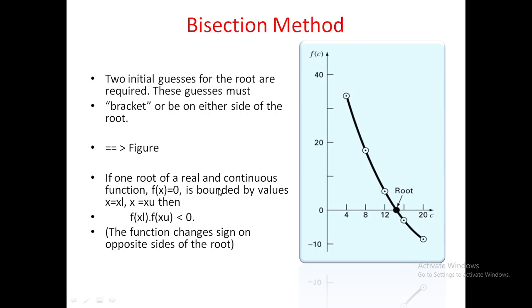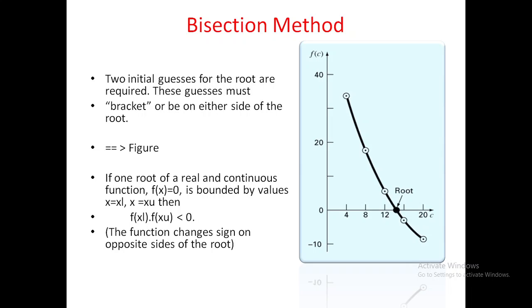If there is one root of a real and continuous function, then f(x) equal to 0 is bounded by x equal to xl, the lower value, and x equal to xu, the upper value. There is one condition given to find that root: f(xl) times f(xu) is less than 0.